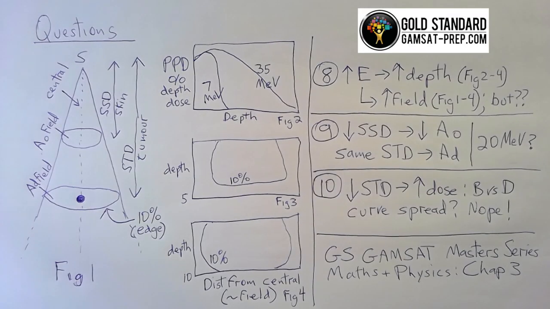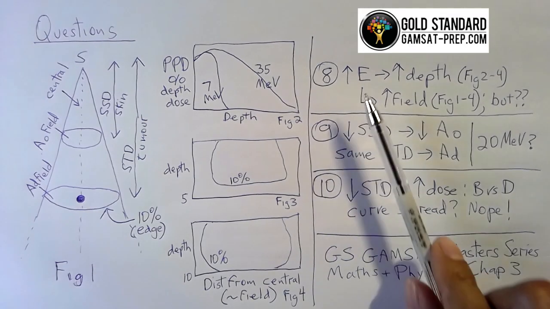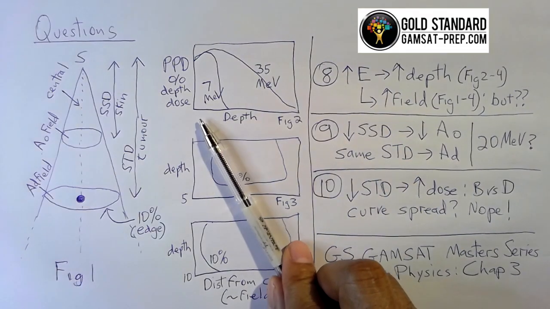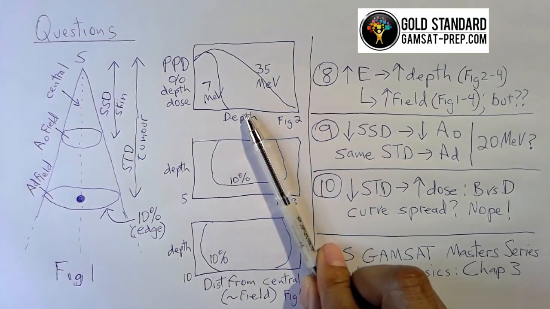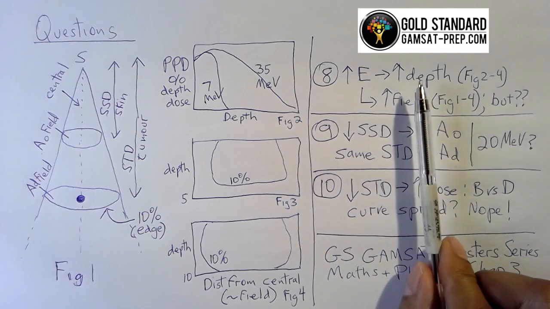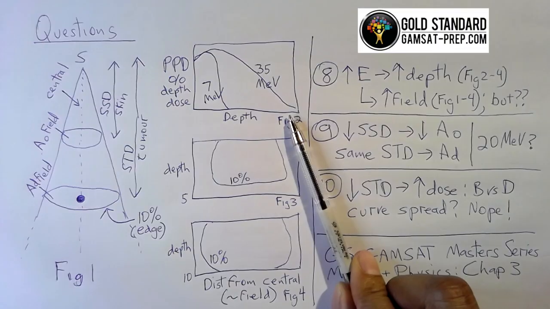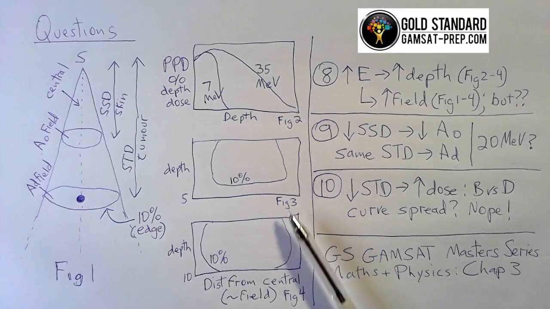As electron beam energy increases, the maximum depth under the skin at which body tissue absorbs radiation, well, it's very clear that as energy increases, the depth increases. No question about it. We see this clearly in figure 2, but we also see this in figures 3 and 4.